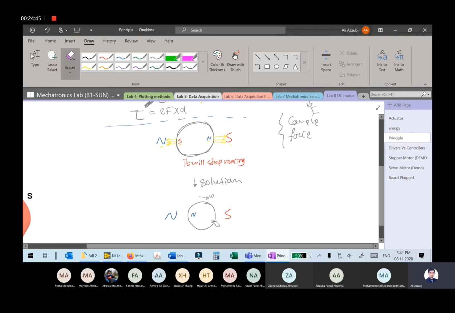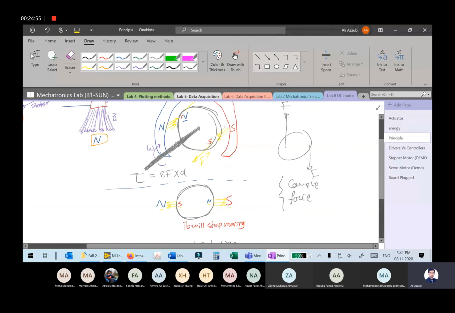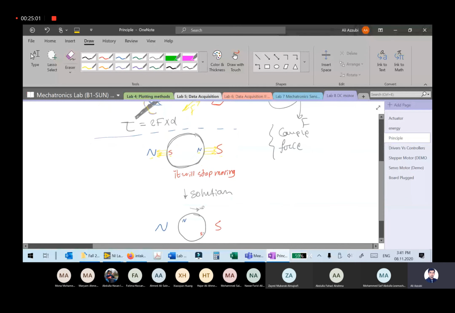Actually, it's not exactly at this, it's somewhere here. This is the location where you flip the polarity of your coils. Okay, now previously we had some repelling forces like this. The shaft will start moving until it reaches here at this location. We solved this problem and we flipped the polarity in my rotor, and this repellent force will continue.